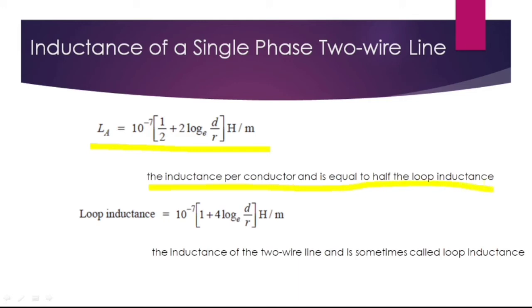Whenever we calculate the loop inductance, it is multiplied by 2, and for a single conductor it is the half value. The loop inductance value is 10 to the power of minus 7 of 1 plus 4 log d by r base e, Henry per meter. The inductance of a 2-wire line is sometimes called the loop inductance.